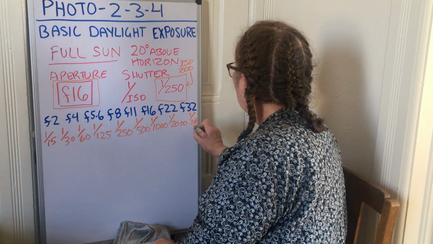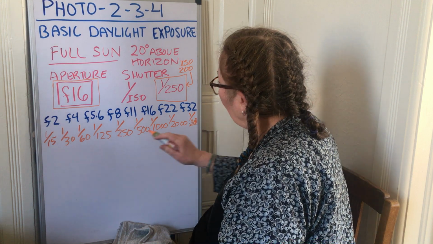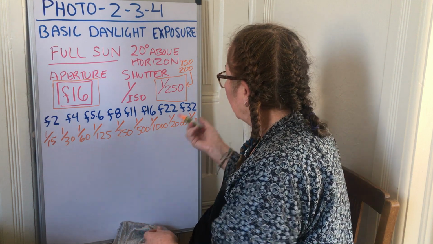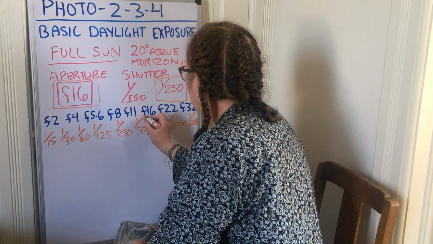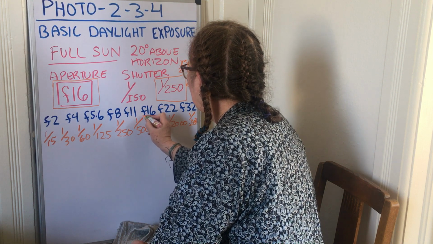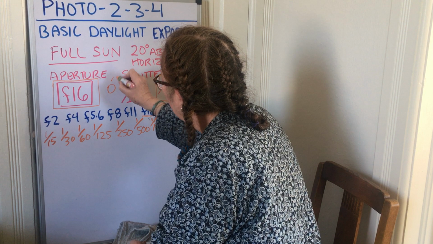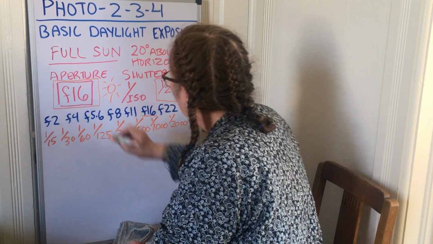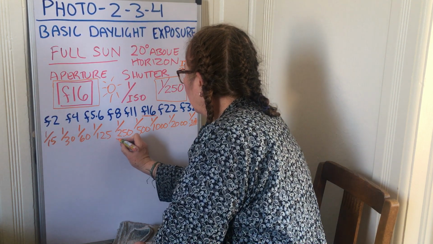Much faster shutter speed. So in this case, we're starting off, right, at F16, which is why it's the Sunny 16 rule. Remember, we've got the sun, Sunny 16, okay, and 1/250th of a second.